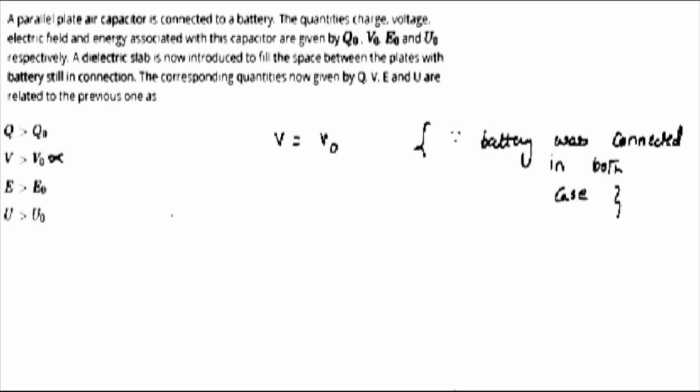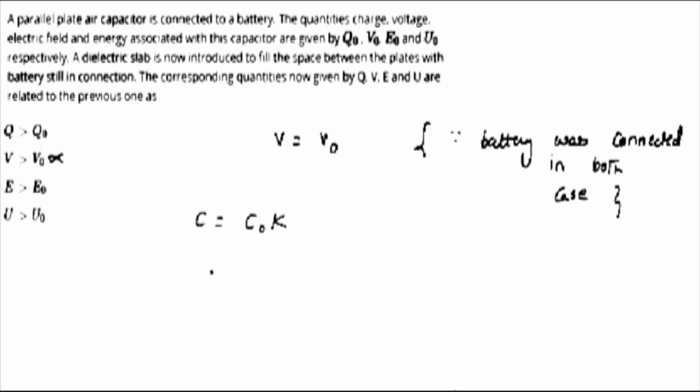So let's move further. As we introduce the dielectric in it, its capacitance value will get altered, and we can write the capacitance after introducing the dielectric becomes C naught into K, if K is the dielectric constant of that slab.